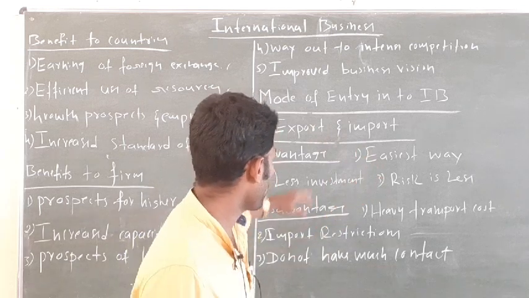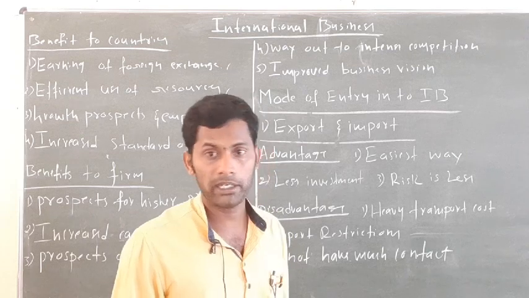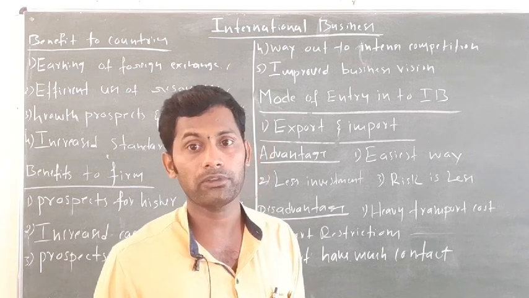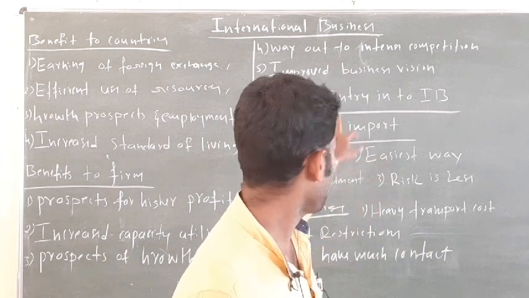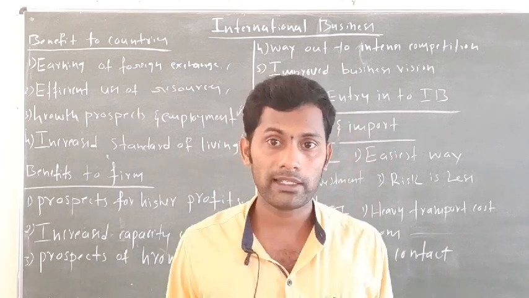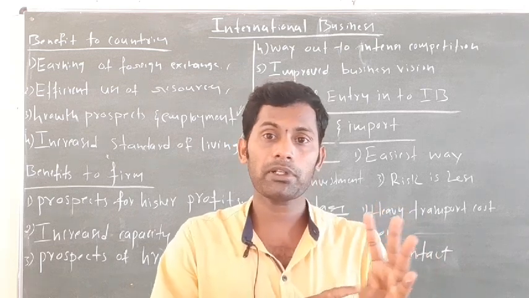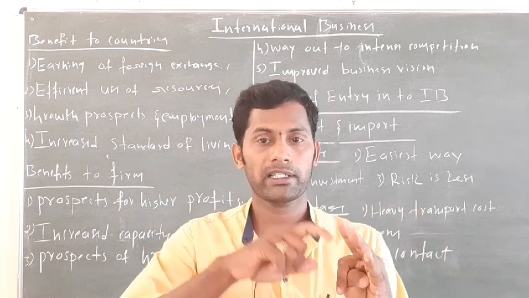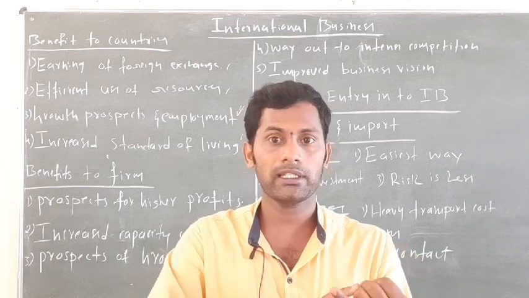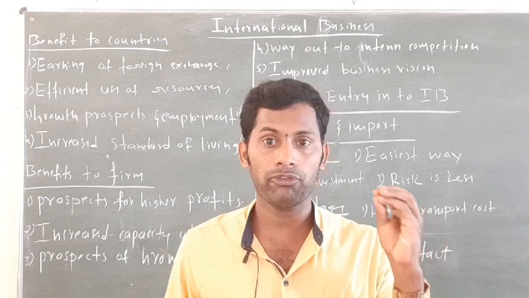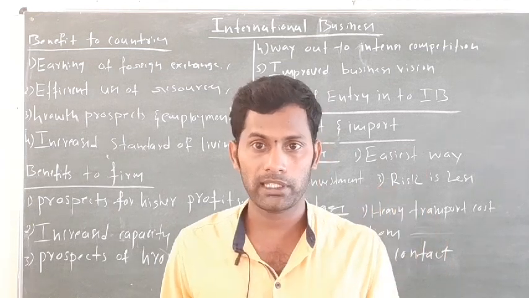Okay. Now, what are the advantages of export and import when we compare it with the other modes of entry into international business? As I said, we have import and export, then contract manufacturing, we have licensing and franchising, then joint venture and subsidiary. We have 5 ways to enter in international business.